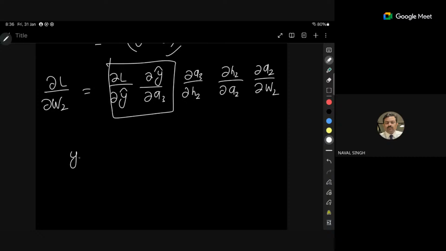Okay, just take an example of some other thing: you have W and X plus B, and this is called Z. Now if I ask you ∂Z by ∂H, let's take it as H for simplicity, what is going to be the derivative using this? Just W, because B is a constant term, its derivative is zero. So for this also something like this happens, and we get the derivative as W.